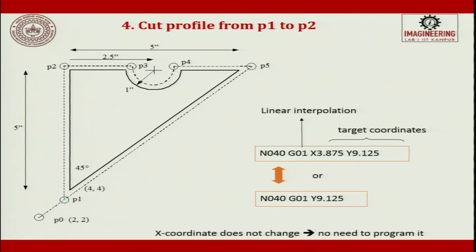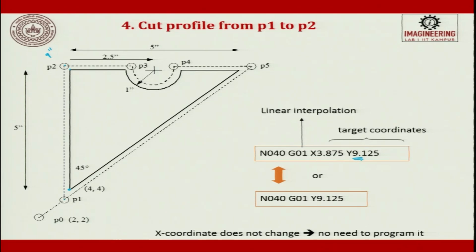Next, from here I will do a linear interpolation, N040, G01. Now from here I have to go up to here. Because this is 4 and this is 5, this is 9 inches. So I will go X3.875, up to the P2 destination, which is 9.125. Why is this .125?